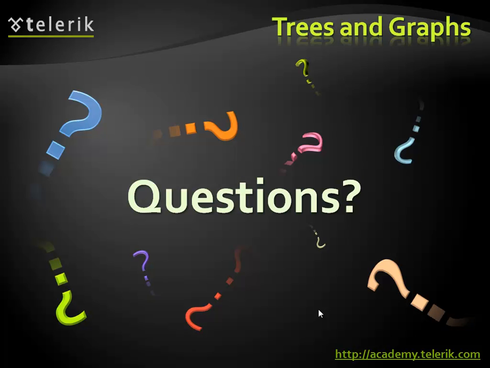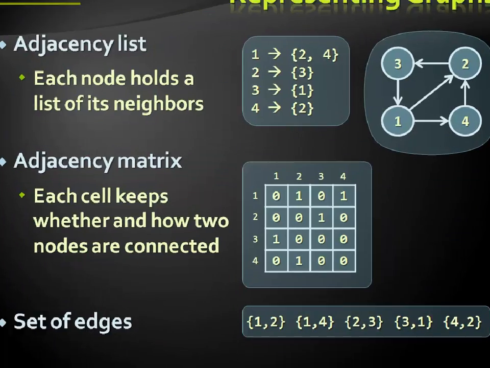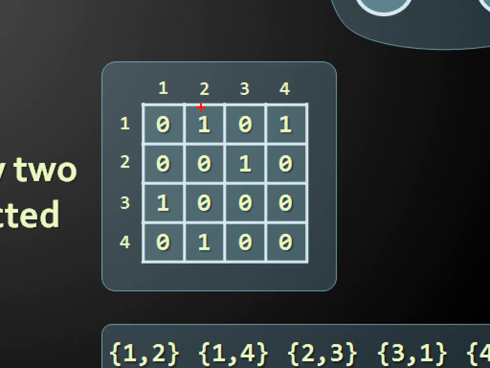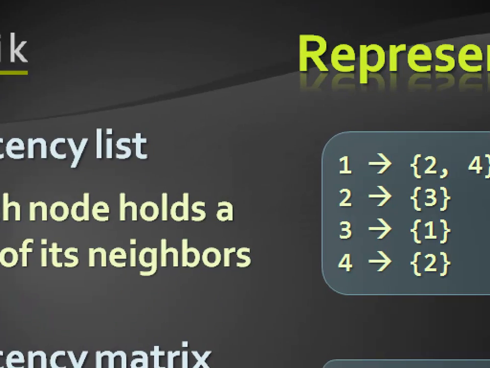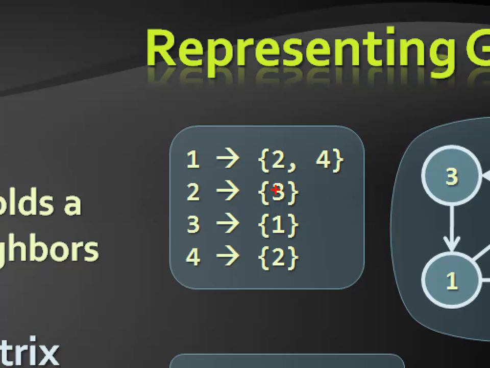Yes? How do you implement the edge weight you talked about? Oh, how do you implement edge weight? In these data structures, in an adjacency matrix, I think it's clear. You just write 5, for example, instead of 1. For an adjacency list and a set of edges, you have to create your own class, for example, an edge class.